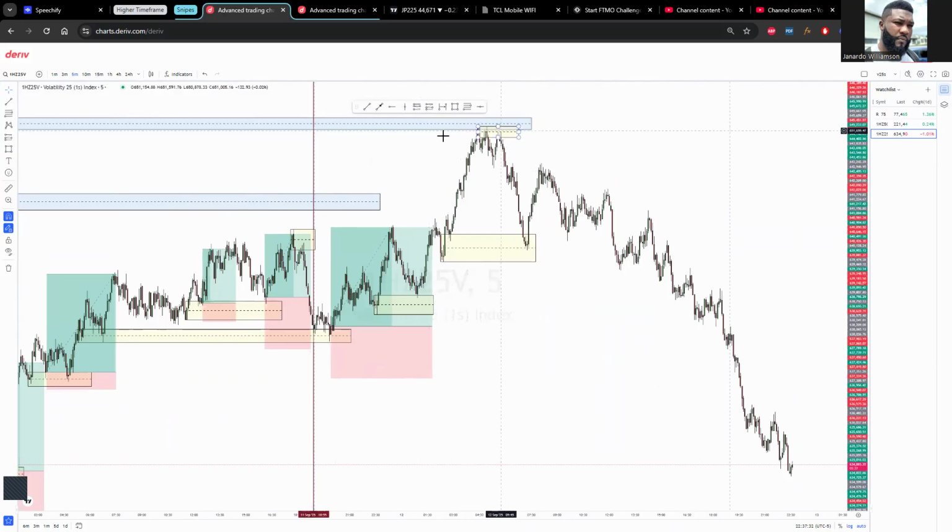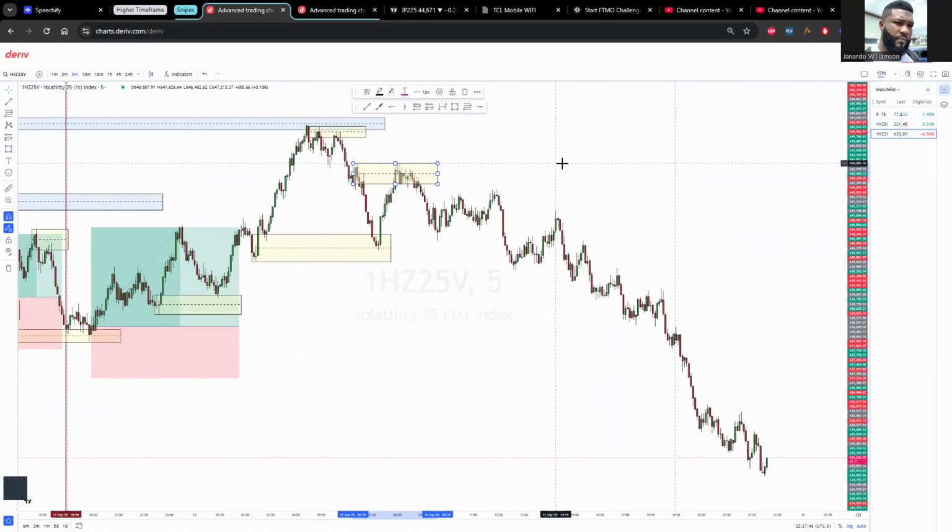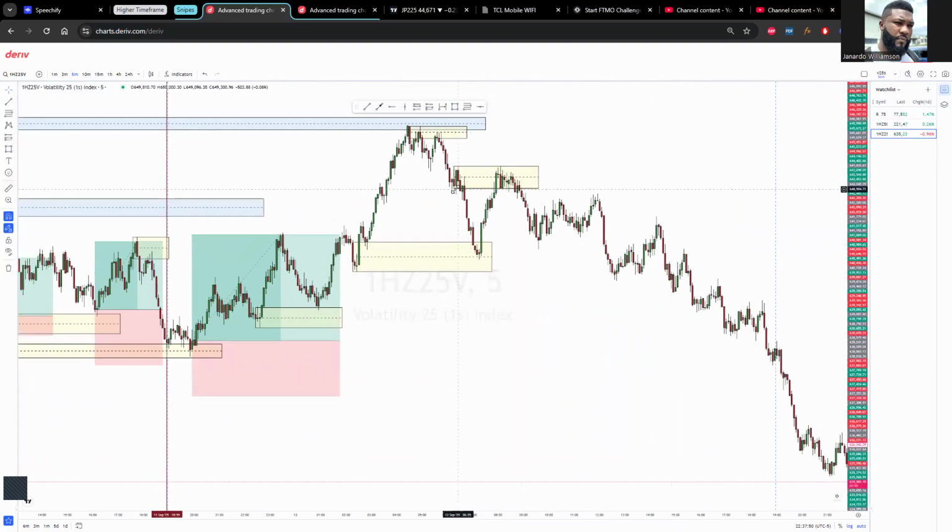As you can see, before we hit this higher time frame level, we failed to go higher, and this was the first entry for the sell here. This was another entry here for the sell.